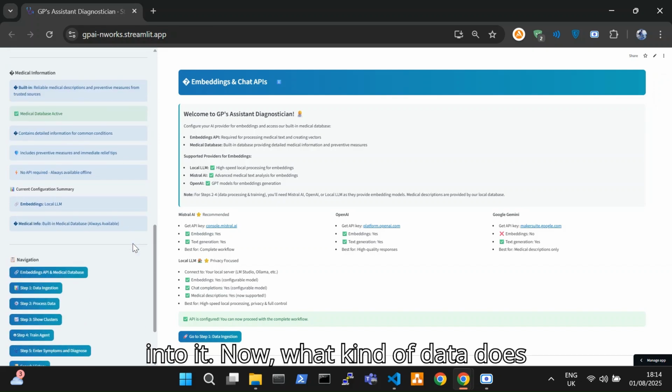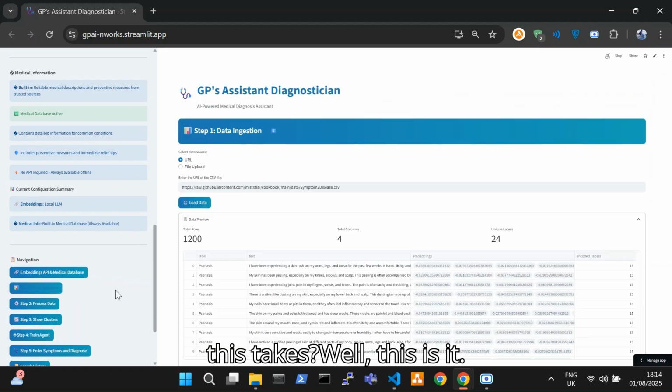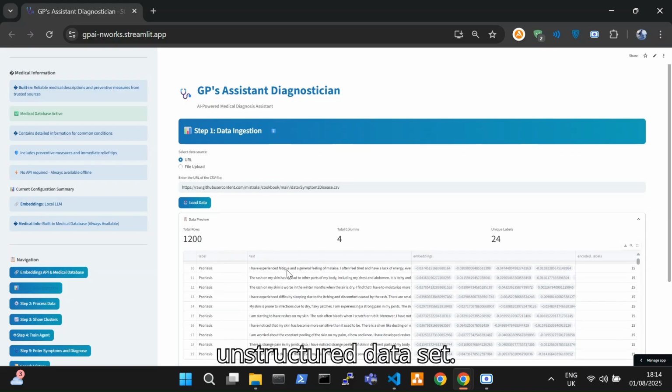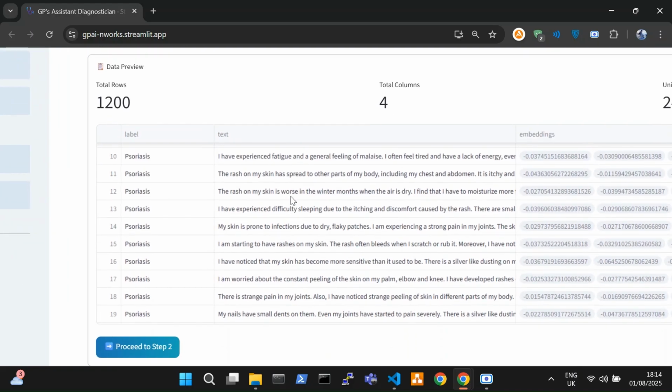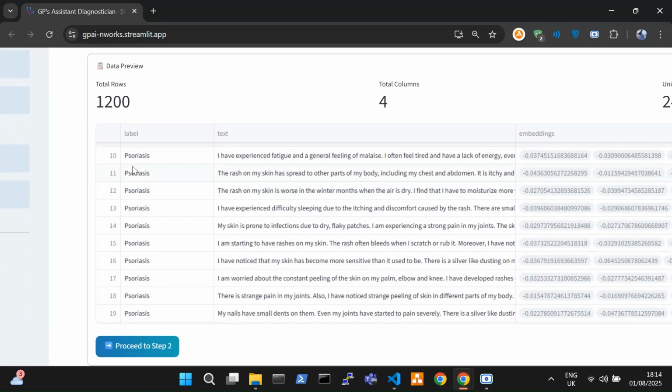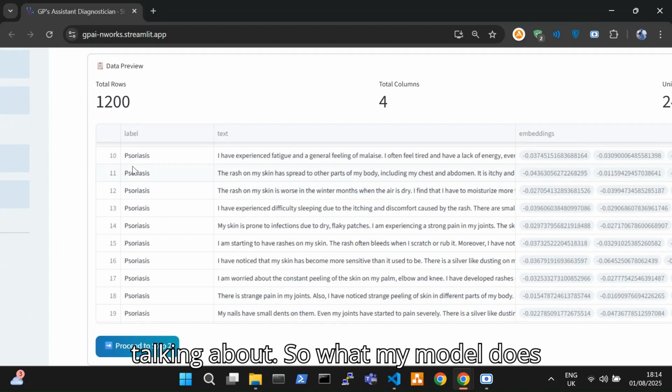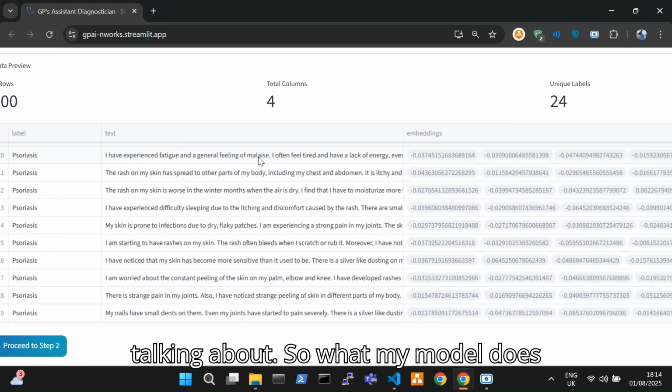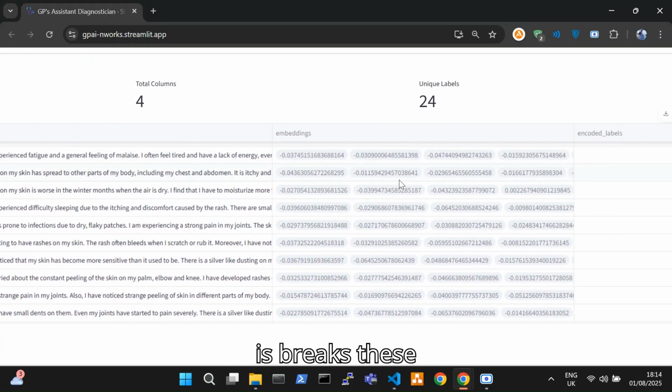Now, what kind of data does this take? Well, this is it. It's a very simple, unstructured data set. Conditions, your symptoms, and then here are the embeddings that I'm talking about. What my model does is break these texts into different vectors.